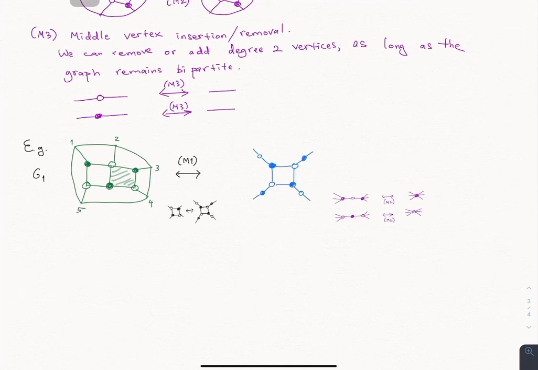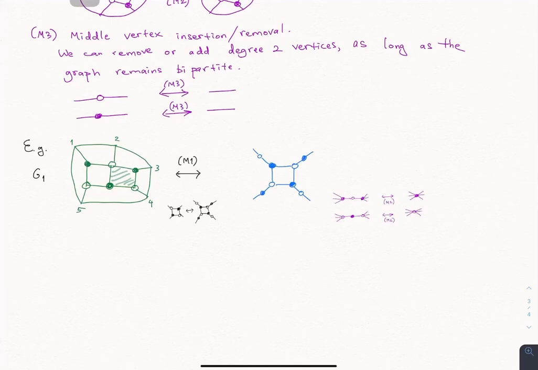And now I look at the rest of the vertices. So I still have these other 2 internal vertices, and this white vertex should be adjacent to the boundary vertex 2 and to this other internal vertex.